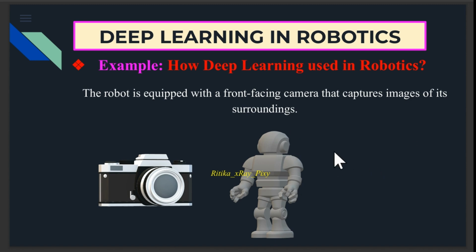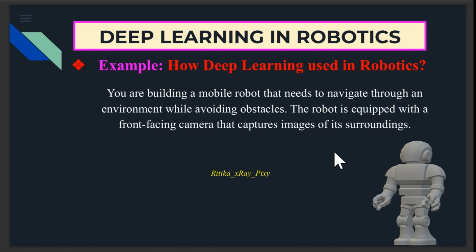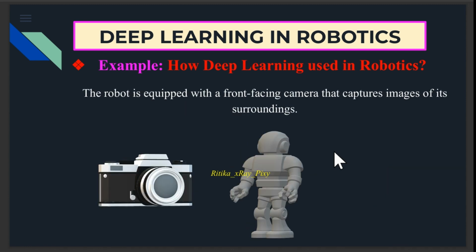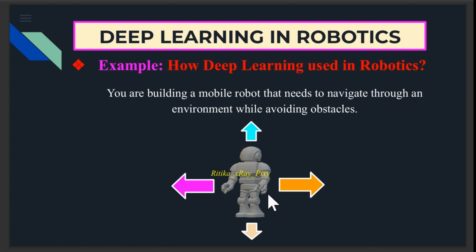Now we will use deep learning to classify these images as to whether the captured image shows an obstacle or no obstacle. Accordingly, we will determine the appropriate action for the robot, whether it will turn left, turn right, or go straight.